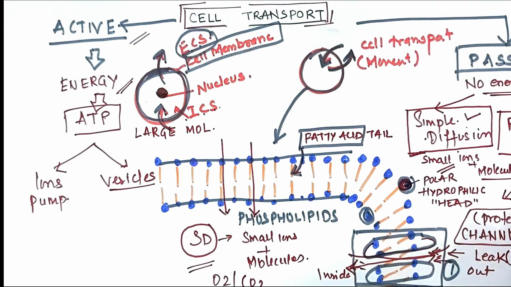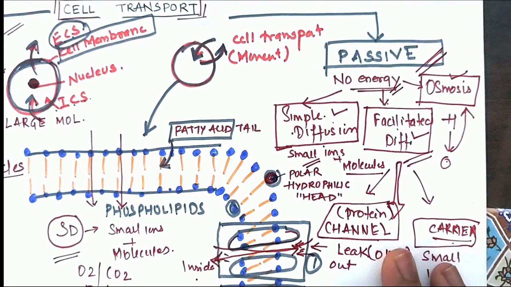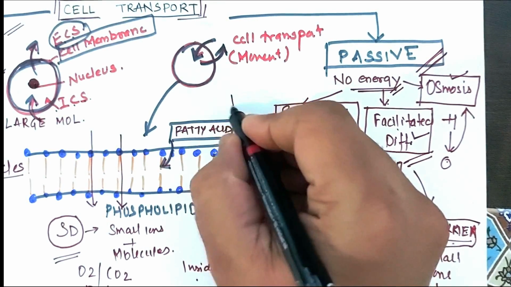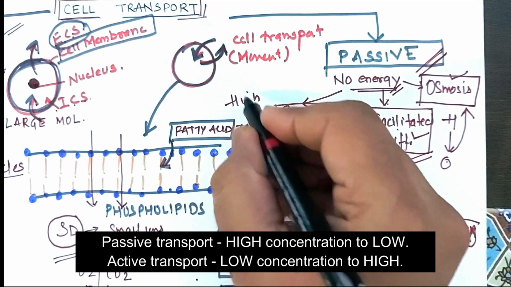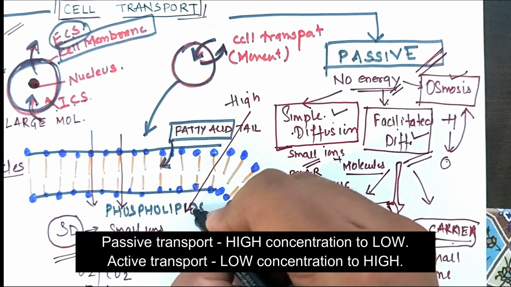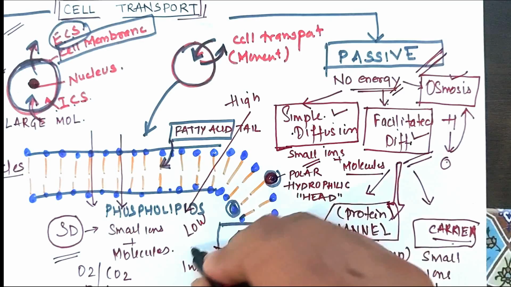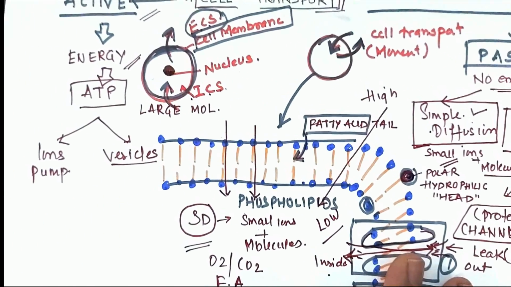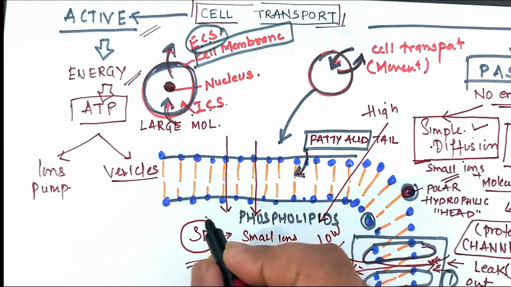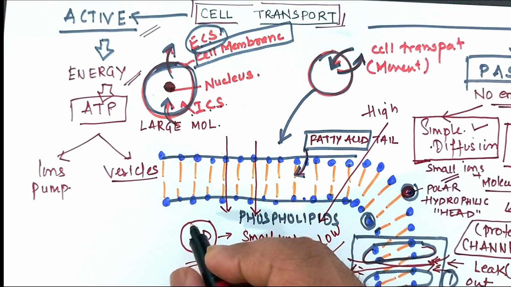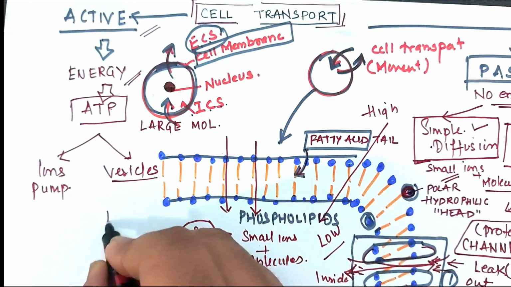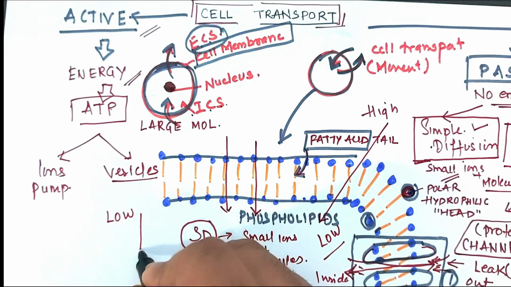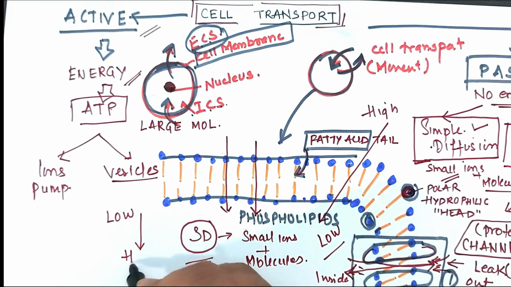The third difference is that in passive transport, the transport of the ions is always from high concentration towards low concentration. However, in active transport, the molecules are being transported from the low concentration area to the high concentration area.